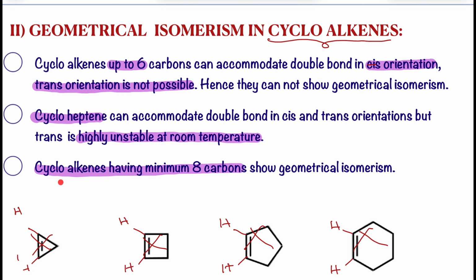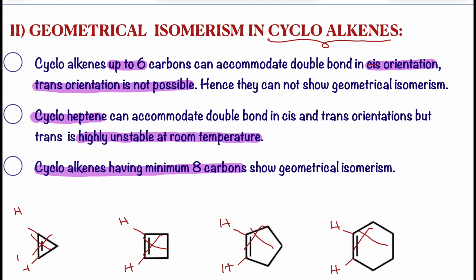When cyclooctene, if there are minimum 8 carbon atoms, 8, 9, 10, in all those systems, both cis and trans configurations are possible, both exist at room temperature. Therefore, from cyclooctene to higher members, the double bond will be a geometrical center.